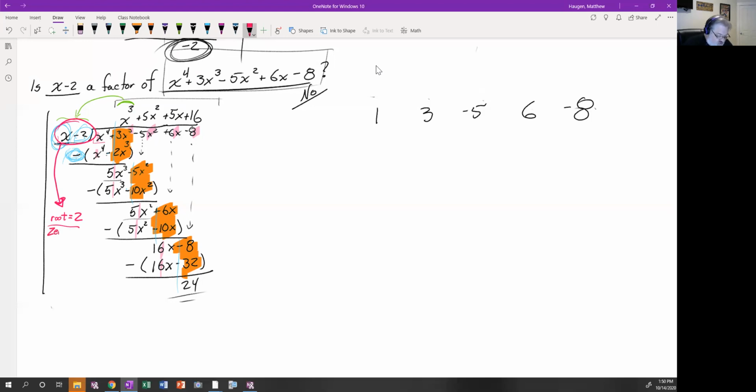And it's also called, if you want, the 0 of the factor. It's also the x-intercept that this factor would represent, a positive 2. So instead of taking that constant, that negative 2, we take the root or the 0 of the polynomial, that positive 2. That will allow us to not have to subtract.